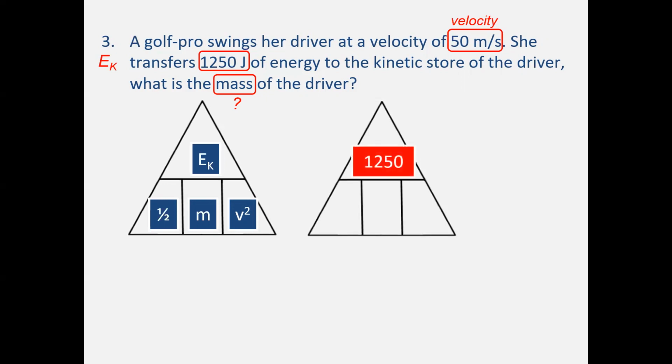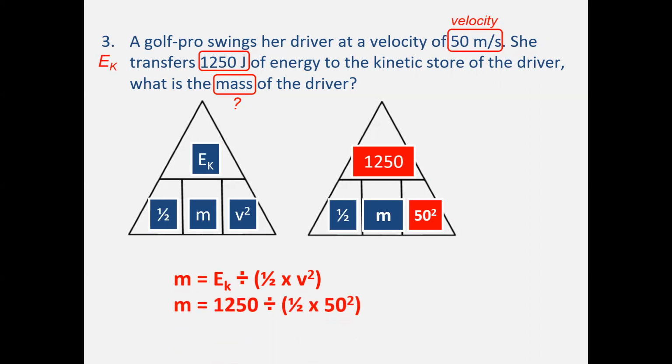So if you know that you've got 1,250 joules and that you've got 50 meters per second, which is obviously 50 squared in this equation, then to rearrange that formula triangle, you would put your finger over m, mass, which leaves you with mass equals kinetic energy divided by half times velocity squared.